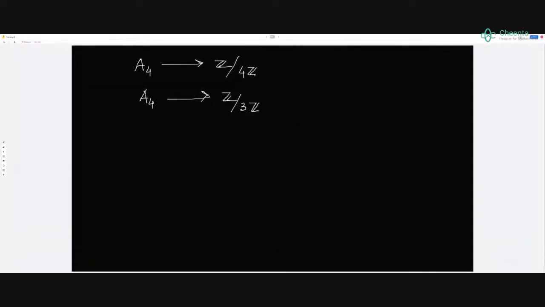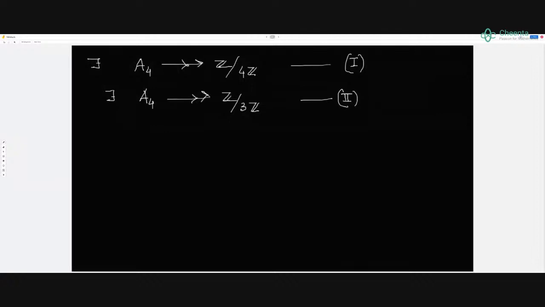What can we say about the surjectivity? If this is your statement 1 and this is statement 2, then which of the following statements are true?